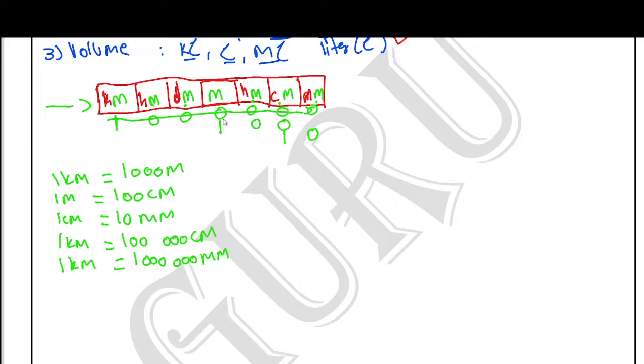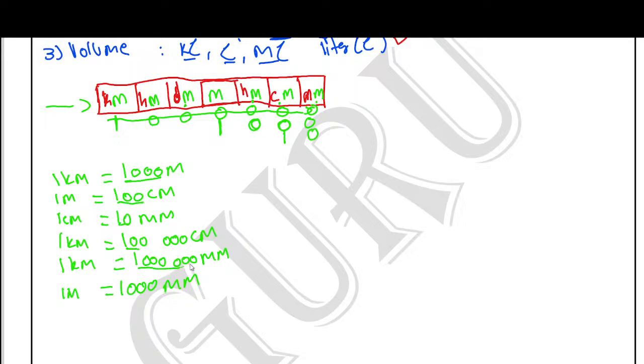Okay, so we can also ask, how much is 1 meter in millimeters? We write 1, 0, 0, 0, meaning that 1 meter is equivalent to 1000 millimeters. So what do we call these numbers?